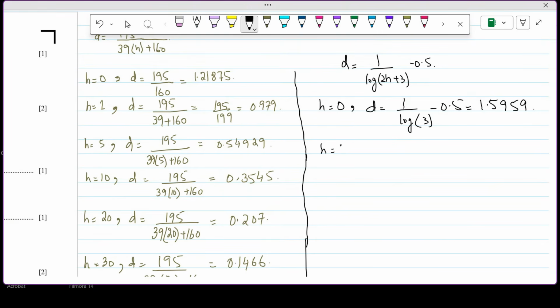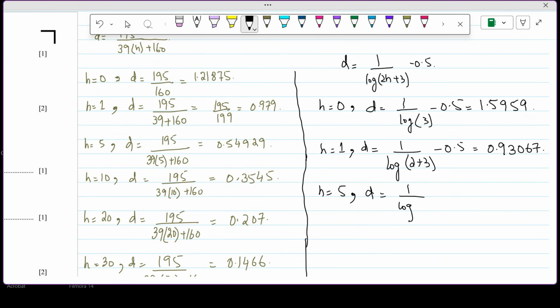Similarly, when height is equal to 1, D is equal to 1 over log of 2 plus 3, minus 0.5. So this one is equal to 0.93067.